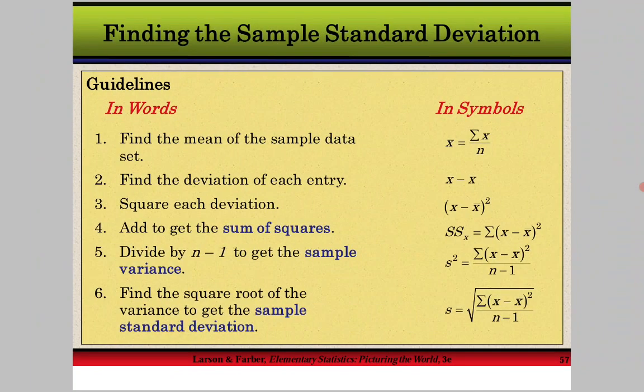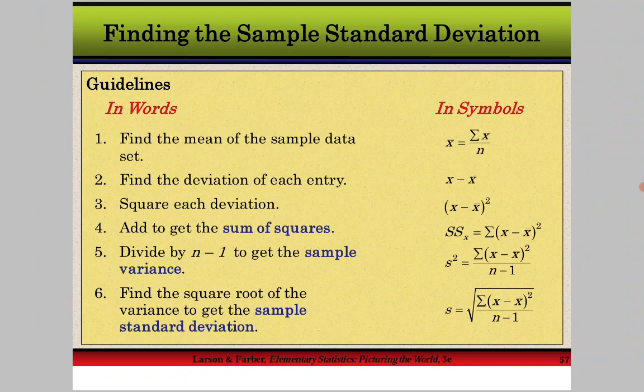Whereas in the sample standard deviation we take x minus x bar. What is x? X is the sample data set, and x bar is the mean. X bar is equal to sigma x by n.